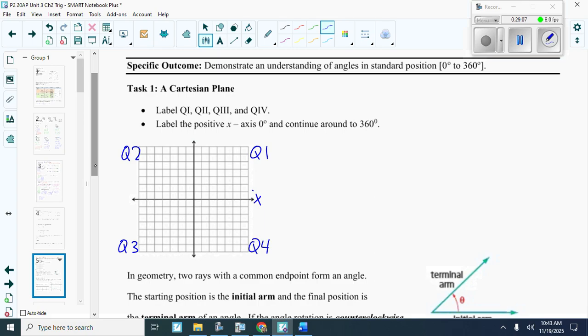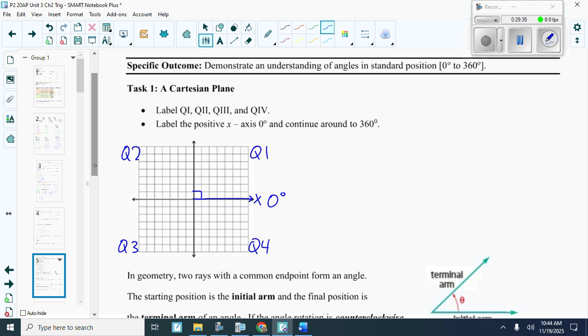Alright, label the positive x-axis. We're going to call this our starting point right here, our x-axis, and it's our 0 degrees. If we were to go around, say, to get to the top, this just created a very lovely right angle.